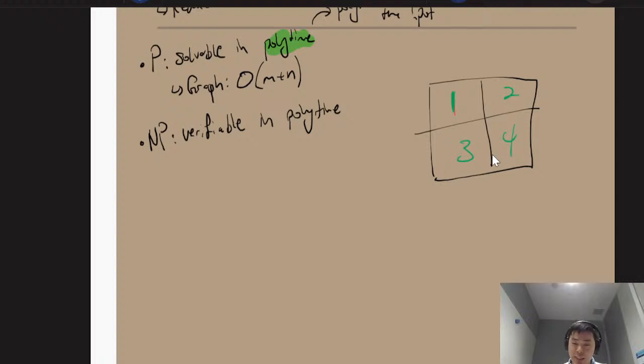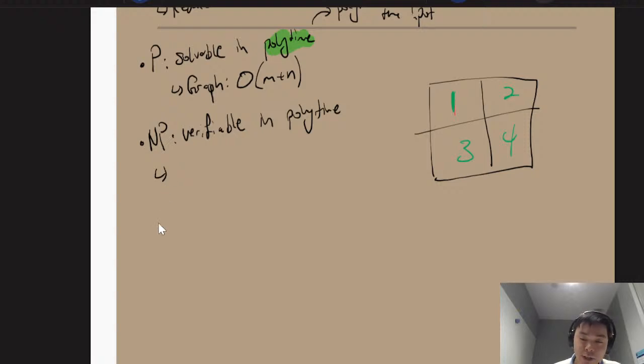Then you can check very easily that this is a solution because every row has distinct integers, every column also has distinct integers, and so on and so forth. So these are problems where we don't necessarily know how to solve them in polynomial time, but if you were to give me a solution, I can check very easily that this is a solution.